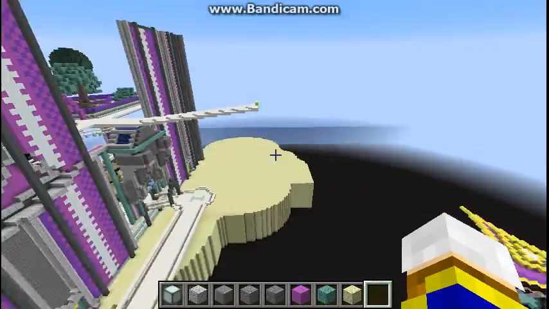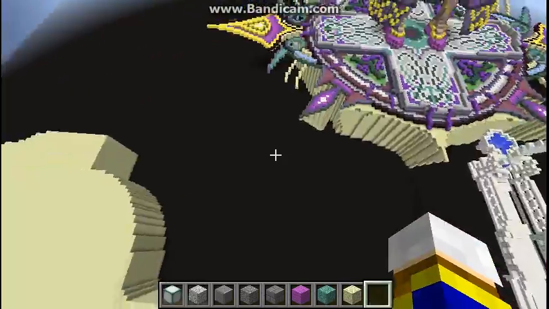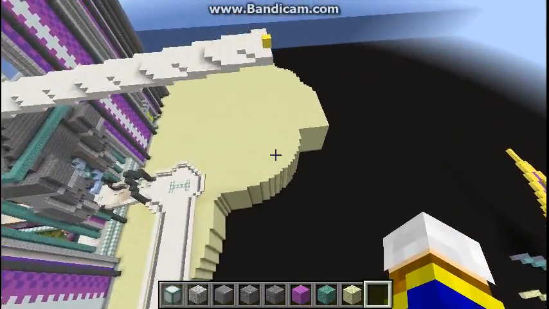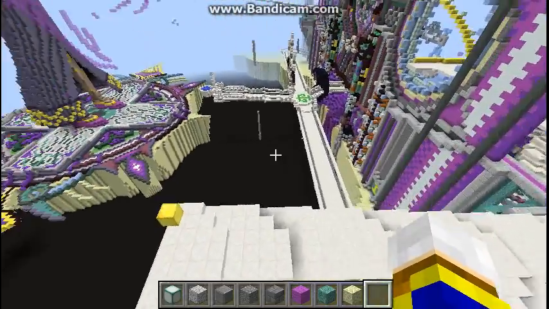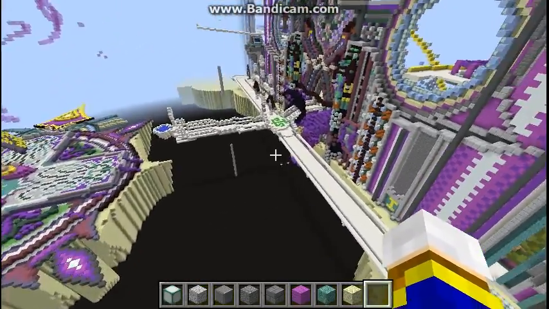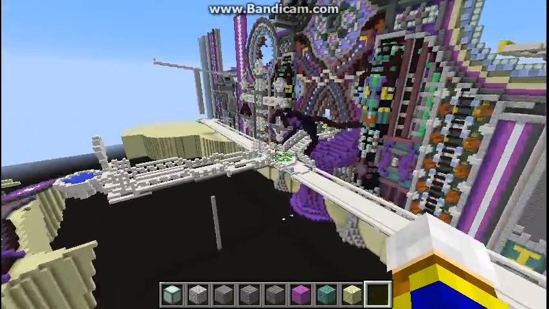I do want more places to go to, so I am going to try to figure that out. If necessary, I will remove certain bits and redirect them to places.